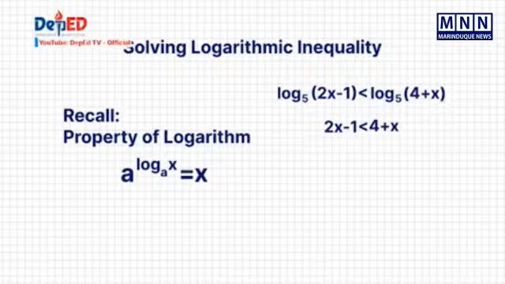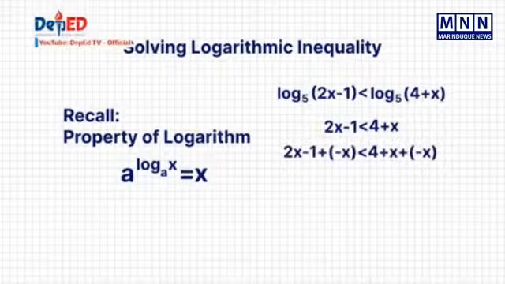We now have 2x minus 1 is less than 4 plus x. We may now solve for x. By addition property of inequality, we isolate the variable on one side of the inequality. We will have 2x minus 1 plus negative x less than 4 plus x plus negative x.